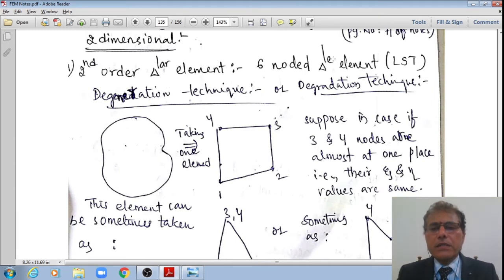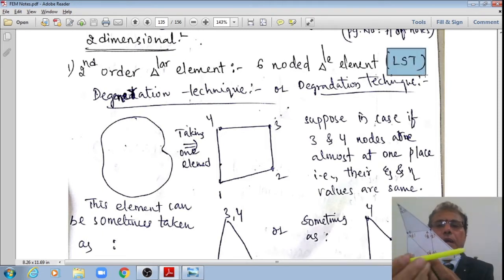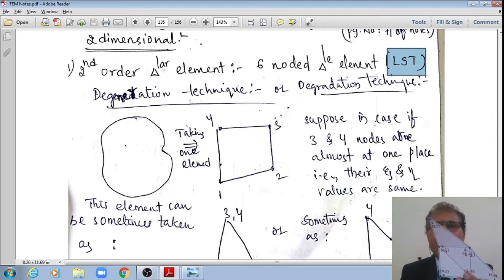This is what is sometimes called the linear strain triangle, whereas previously we saw that the three noded triangle is called CST, constant strain triangle, because the strain displacement matrix B was constant. It doesn't depend upon the polynomials xi and eta, whereas here in the six noded triangle element, its strain displacement matrix varies linearly with the xi and eta polynomials.